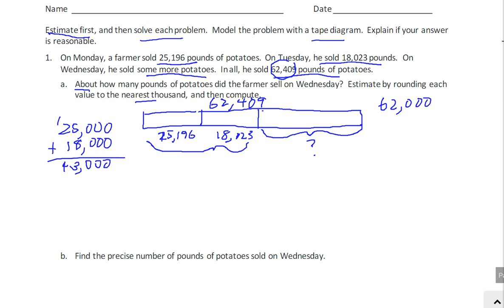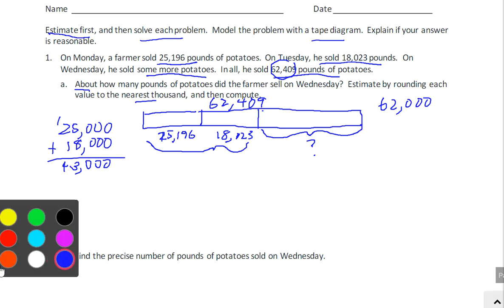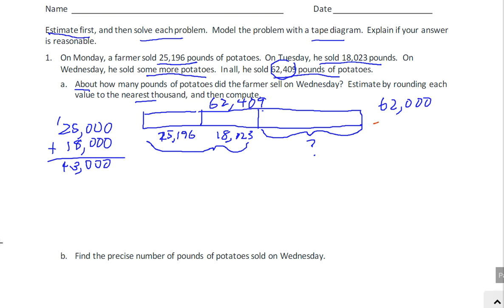So now all we have to do is subtract 43,000, and that should give us what we sold on Wednesday, about, because this is rounding, so it's an approximation. So this is going to be 9, 12, 5. So about 19,000. On Wednesday, he sold about 19,000.